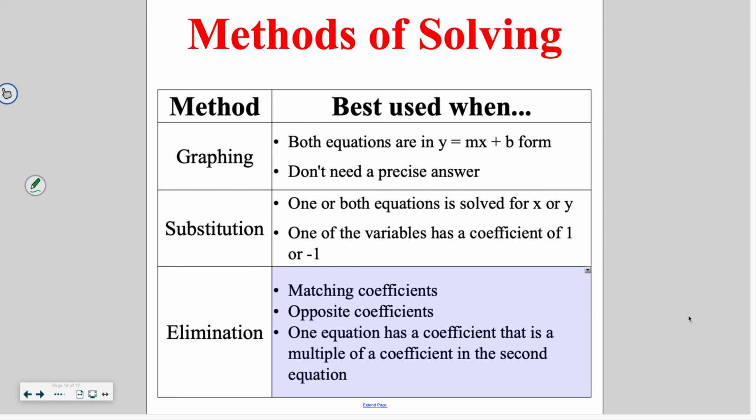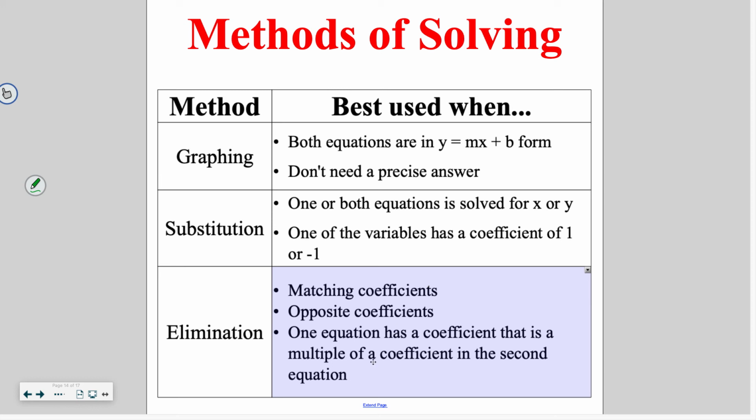For elimination, matching coefficients, so if you had a 6x and a 6x, because then we can use subtracting to eliminate. Or opposite coefficients, if you have 6x and negative 6x, we can add to eliminate those. So if we've got those matching pieces, whether they're the exact same or opposites, we can quickly eliminate one of the variables.